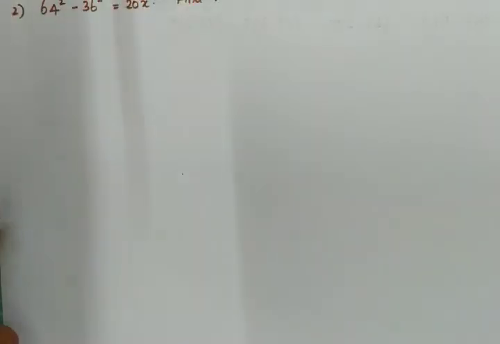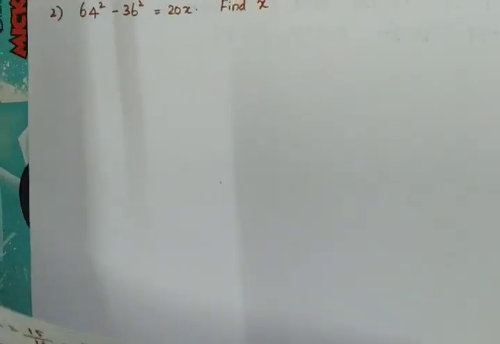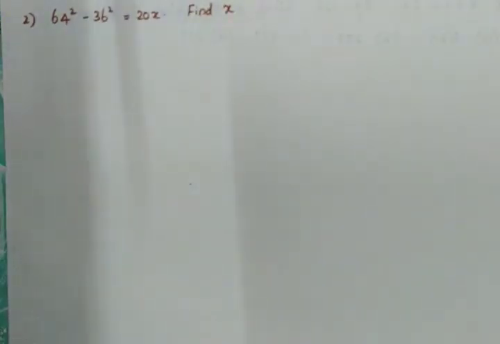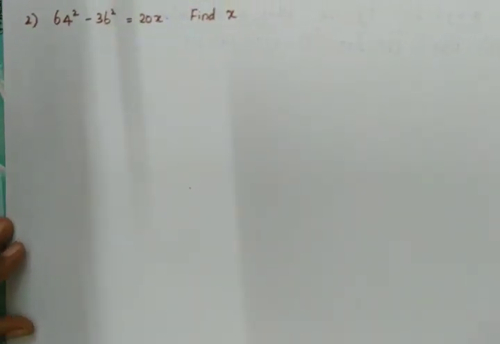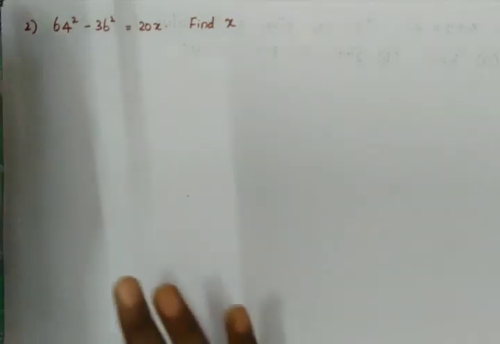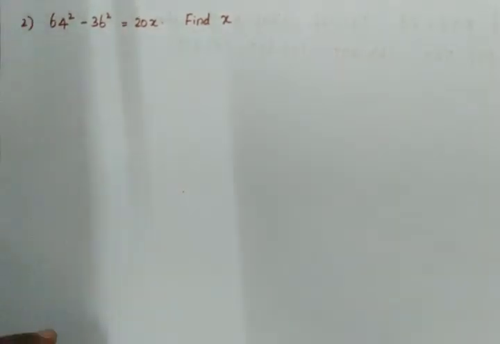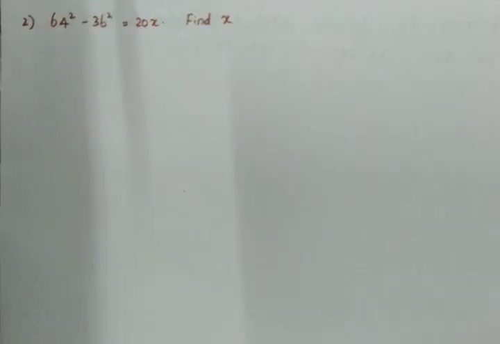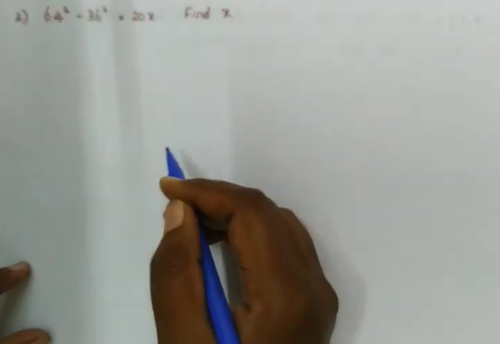Let us move on to the next question. Our next question is 64 square minus 36 square is equal to 20x. Now what we have to do is find the value of x.